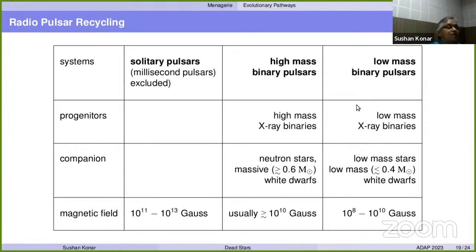In comparison, the low mass X-ray binaries will give low mass binary pulsars and also solitary pulsars. The companions are low mass stars, less than about half a solar mass, typically white dwarfs, and the field is now about 10 to the power 7 to 10 to the power 10 Gauss.